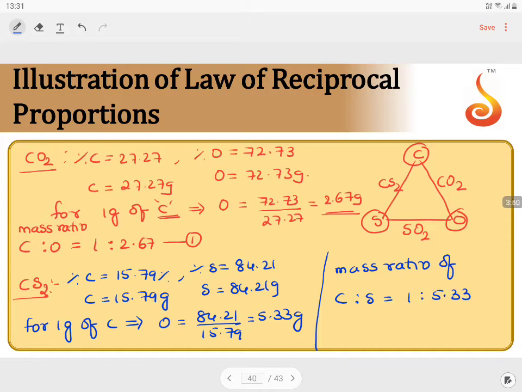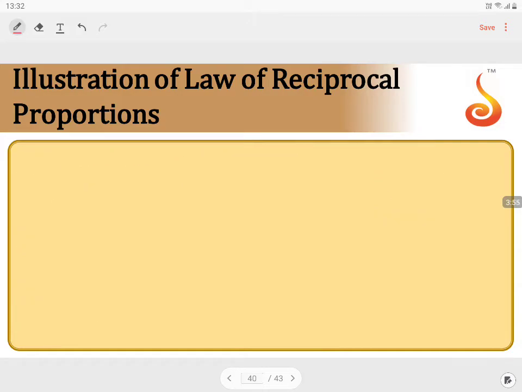Let us go into the next slide. Now you see here, what is the data we have? Mass ratio of carbon is to oxygen in the first case is 1:2.67. We have the second data, carbon is to sulfur is 1:5.33 grams.